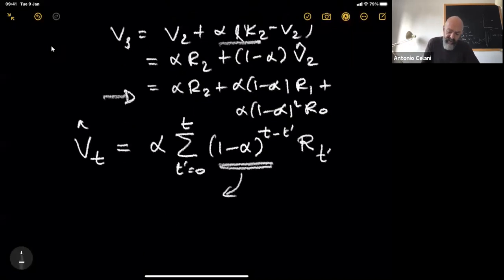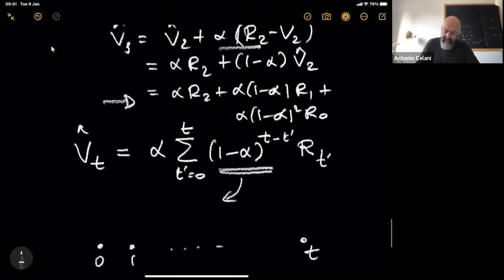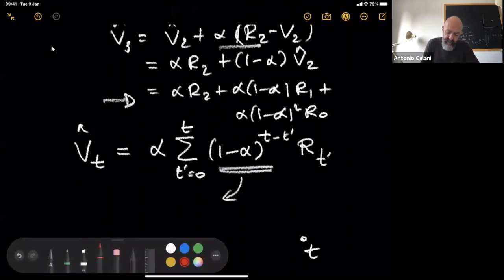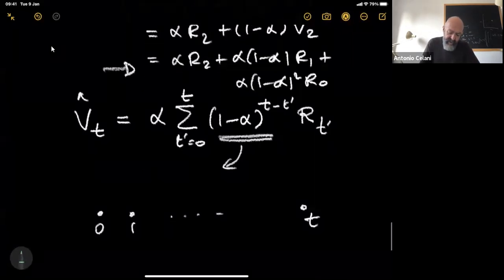So if you have your sequence of steps from 0, 1 to t, and you have collected rewards, which I can put as sort of points here. So this is my reward 0, my reward 1, etc. I get my reward t.